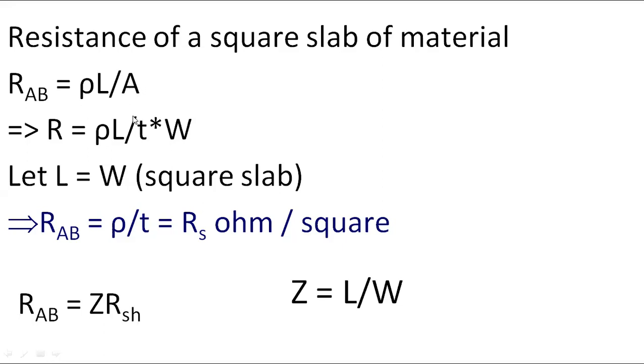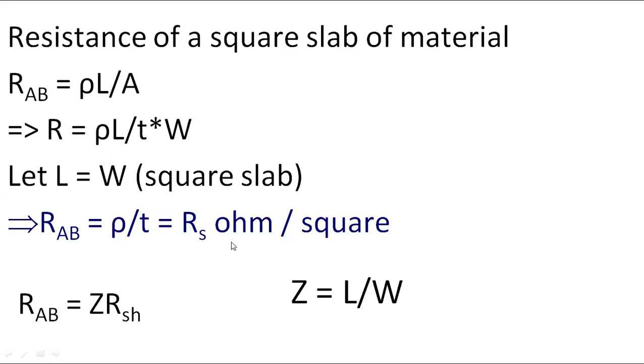This area is nothing but T into W, thickness into width. Let's consider L equal to W for a square slab, then the resistance is nothing but rho divided by T. This we call the sheet resistance.